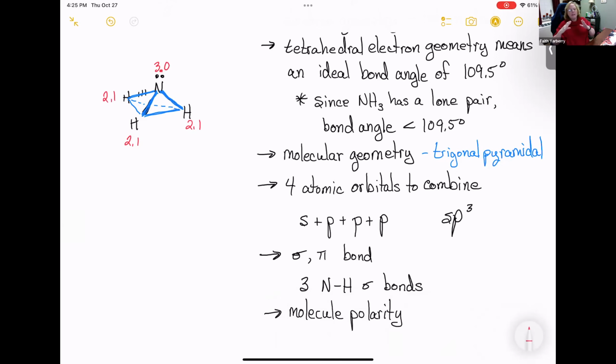Keeping in mind, this is supposed to be based on a triangle up, a trigonal pyramid, it means that there is a trend in the electronegativities towards the nitrogen. So there's a dipole moment. So this is a polar molecule. Questions about that one?